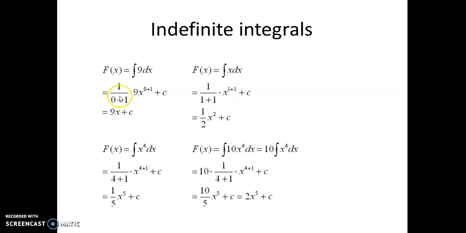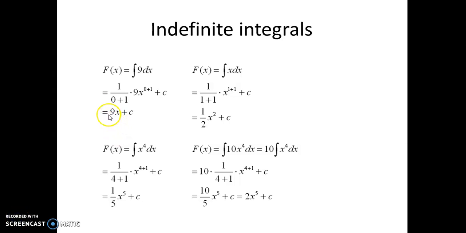So therefore it becomes 1 over 1, which is just 1 times 9. So we just have 9x plus c. So as that rule states, when you do your calculations, you do not even have to give this step because the integral of a constant k is always just going to be the constant times x plus c.